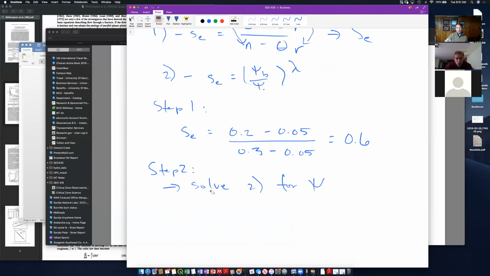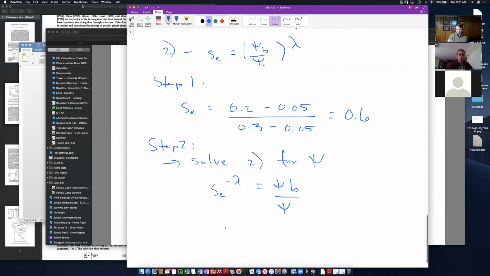All right. First step, SE to the negative lambda is equal to psi b over psi. I'm going to multiply by psi on both sides, and then I'm going to divide by SE to the negative lambda. So I'm going to get psi is equal to psi B over SE to the negative lambda.